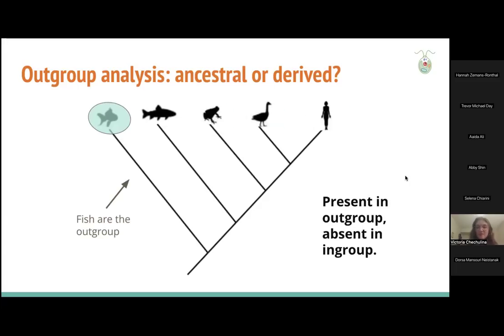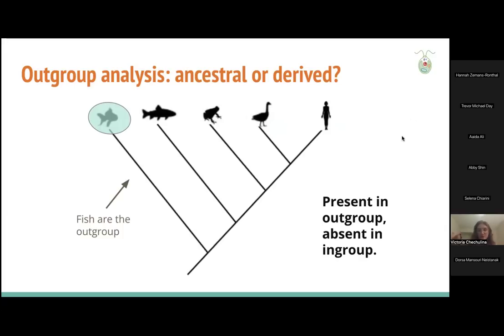And what about this tree where it's present in the outgroup and absent in the in-group? Do we think it's ancestral or derived? Or maybe it's both? The answer is both. So both are equally likely. The trait could be ancestral. There would be 1 evolutionary change required for that. If the ancestor at the very bottom had the trait, so it's ancestral, we need 1 change here, which would be these 4 species losing the trait along the bottom there.